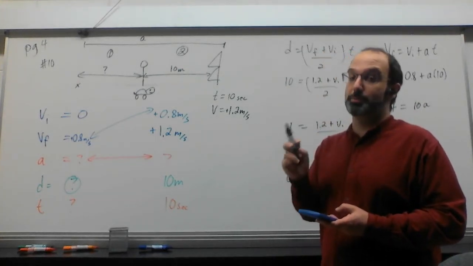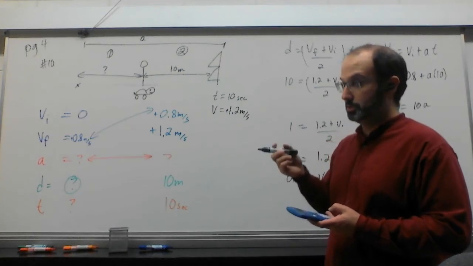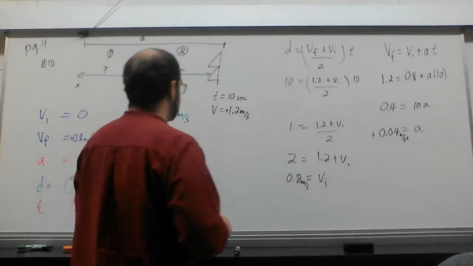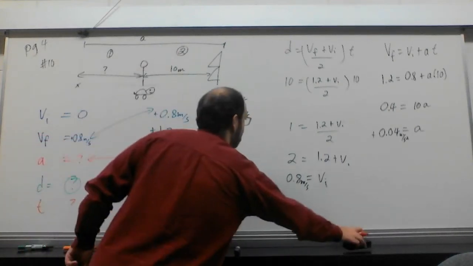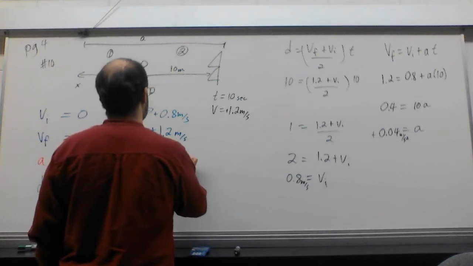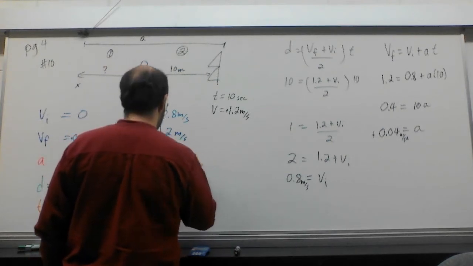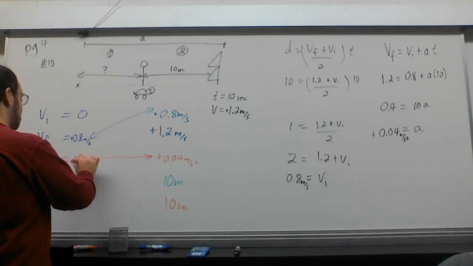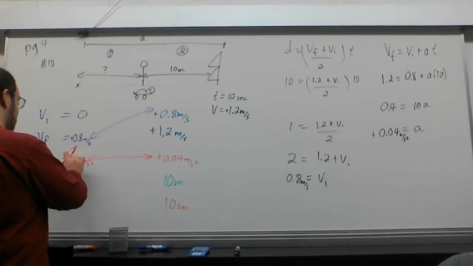Turtles are not known for being fast, except for the ninja variety. Don't ask. It's an old thing. I'm sure you've never heard of it. So we go in here and we replace this question mark with plus 0.04 meters per second squared. We come over here and we get to do the same thing, 0.04 meters per second squared.